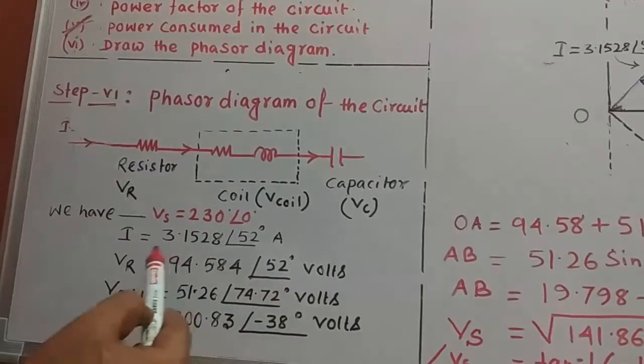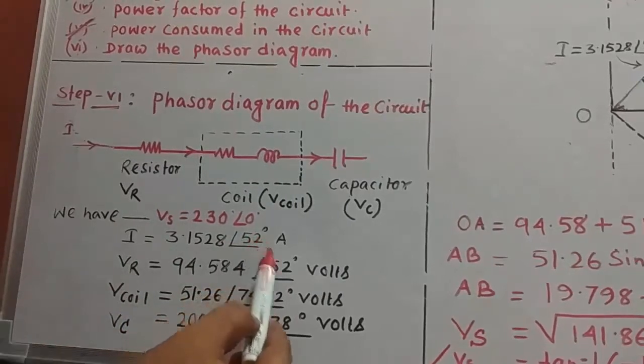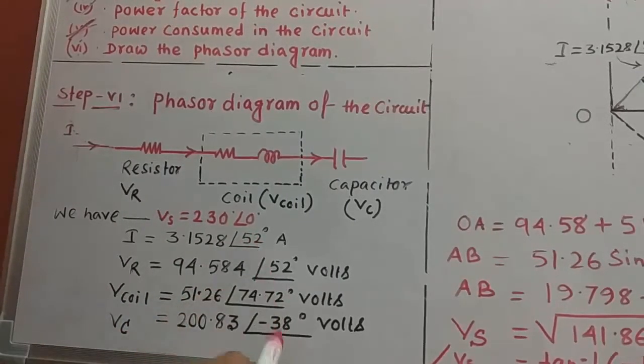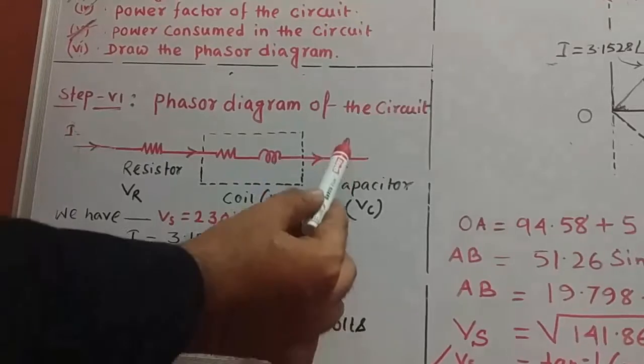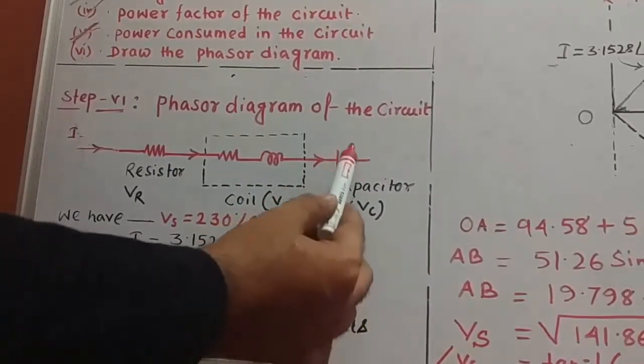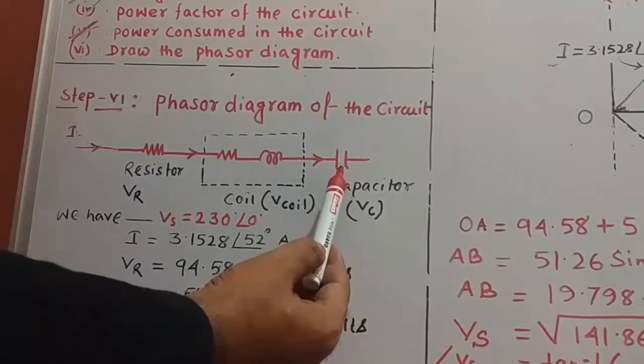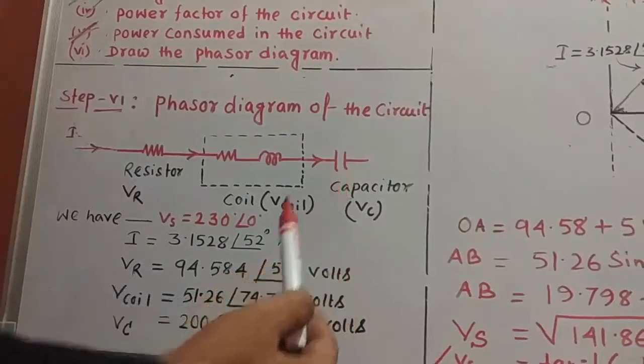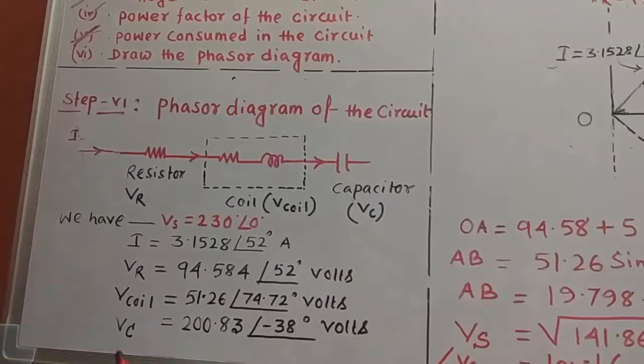That means the difference between these two is exactly 90 degrees. As we know it is a capacitor, so the difference between the voltage and current phasors should be 90 degrees apart.